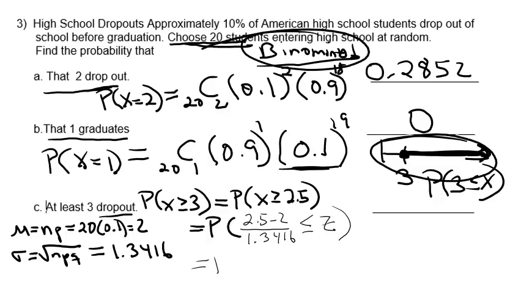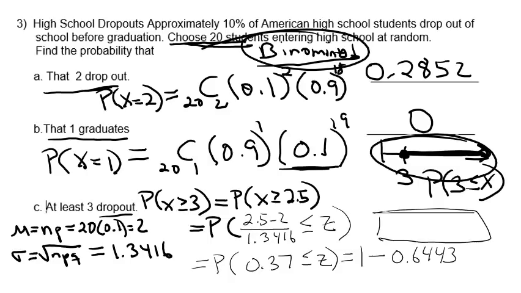When you do your math, you should get 0.37 about, right? This is the opposite scenario of the table, so I'll look up that number in the table, which I will assume you can do. When I look this number up in the table, I get 0.6443, and so when I do the math itself, my final answer is 0.36. Again, the idea here is not to do a bunch of calculations, but to show you the methodology, right?